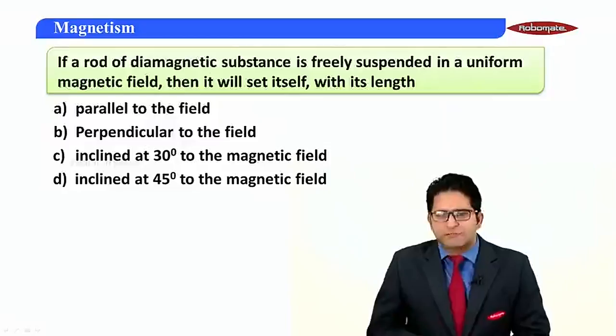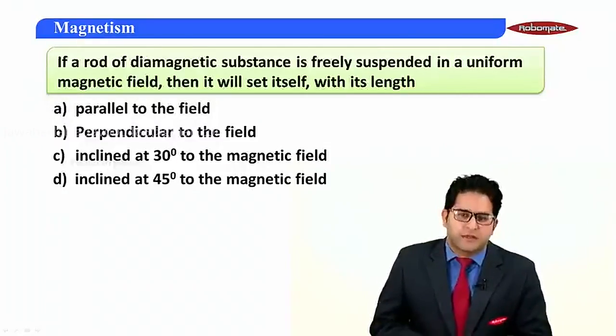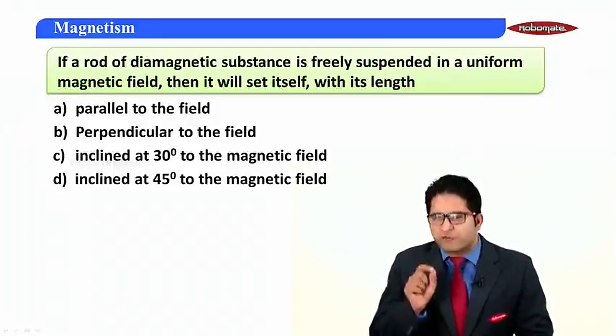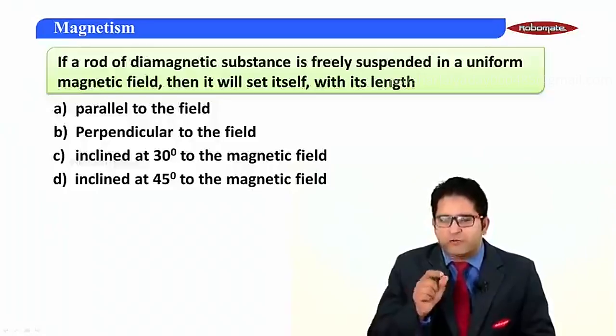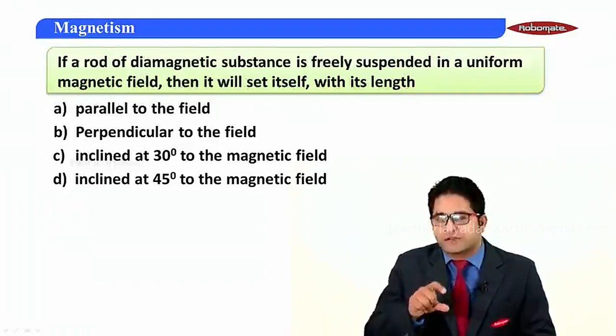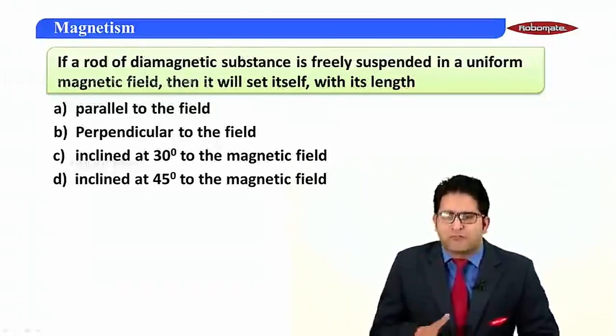Now students, we have already learned this particular property of a diamagnetic substance, right? Whenever a rod of diamagnetic substance is freely suspended in uniform magnetic field, it will always align in a direction perpendicular to the field. But why does this happen?